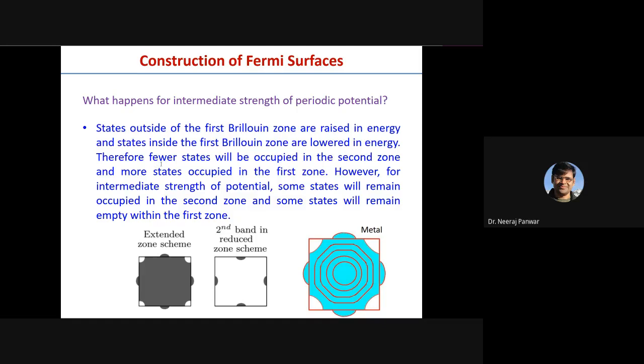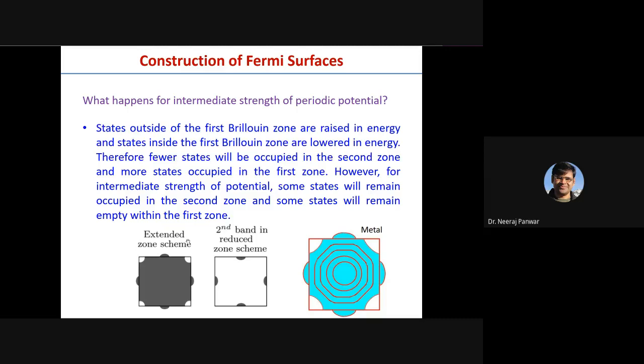Therefore, fewer states will be occupied in the second zone and more states will be occupied in the first Brillouin zone. So this is, under a medium range periodic potential, the Fermi surface structure of a divalent metal. You can see that the corners will not be occupied.